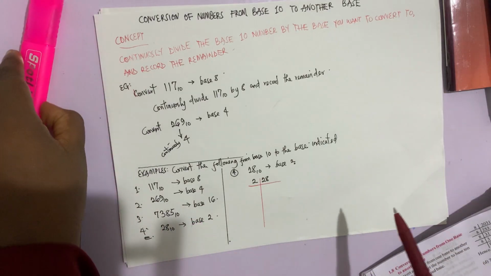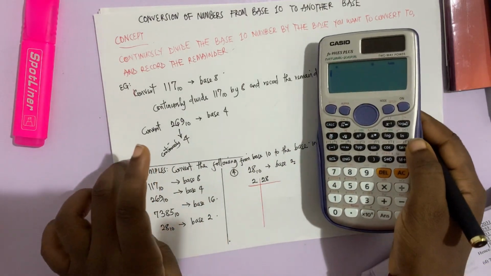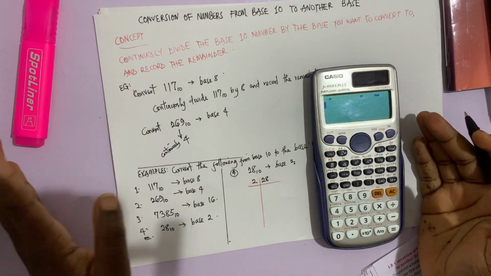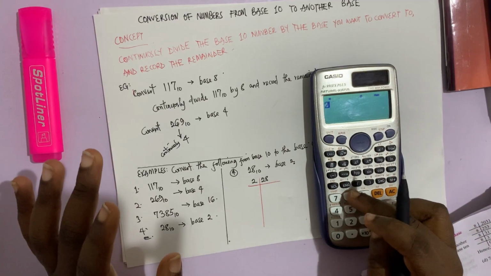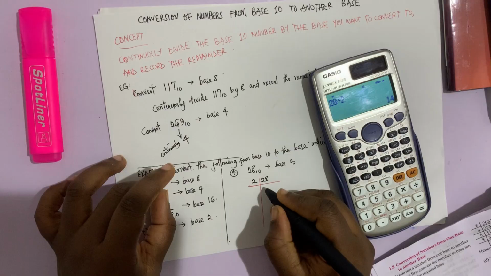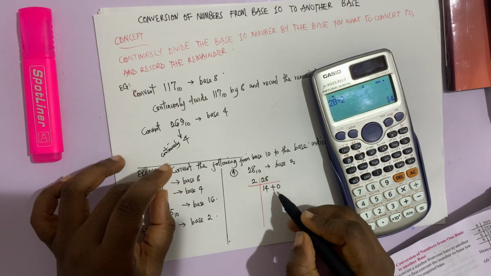A lot of students make mistakes in this division, and to make your life easy, that's why you have a calculator. If you know that you would continuously make mistakes, of course WAEC would also give you a calculator, right? So just do 28 divided by 2, which is equal to 14, plus remainder 0.